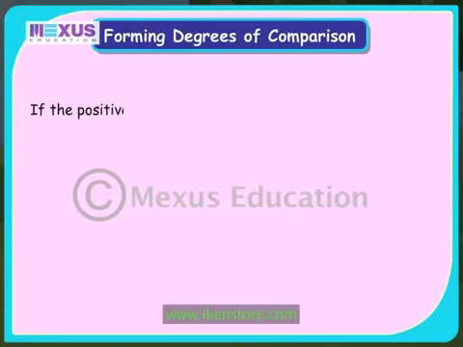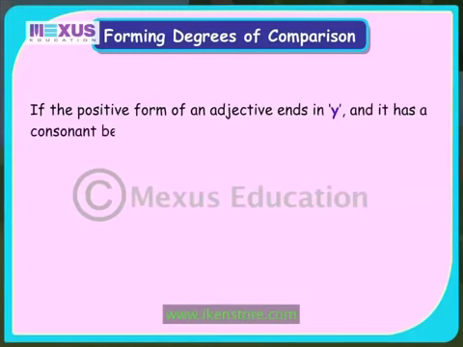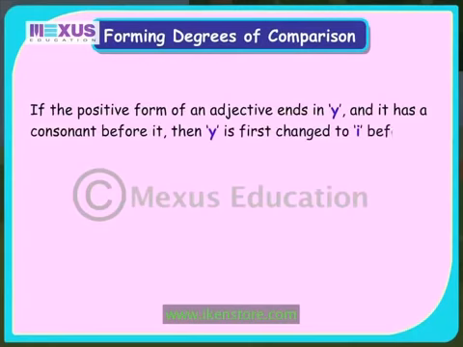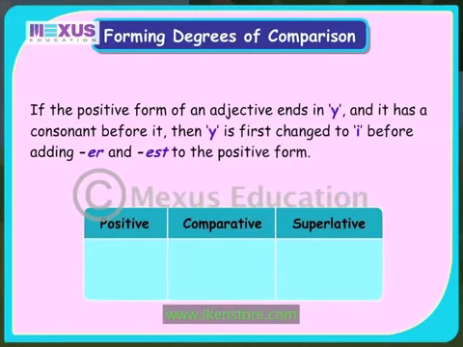If the positive form of an adjective ends in Y and it has a consonant before it, then Y is first changed to I before adding ER and EST to the positive form. For example, heavy, heavier, heaviest.